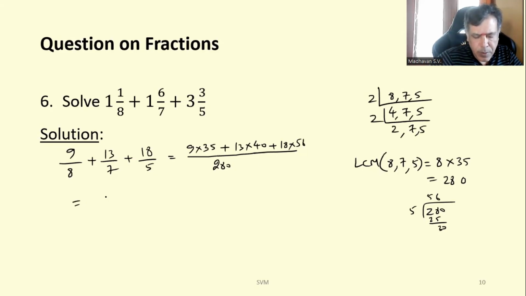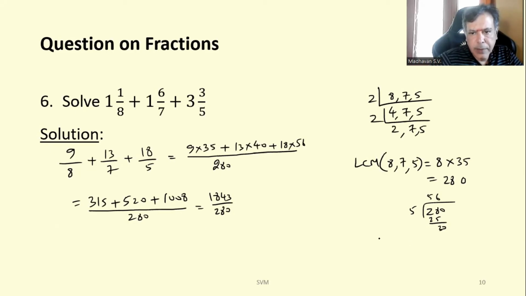Now, if we do the multiplication, 9 into 35 becomes 315. 13 into 40 becomes 520. 18 into 56, we get 1008 divided by 280. If we add the numerator, we get 1843 by 280.